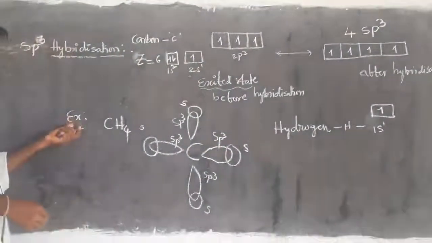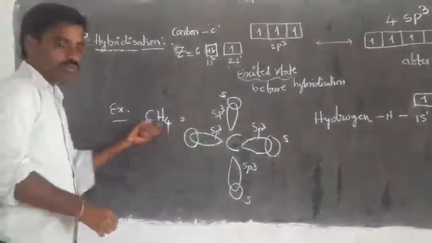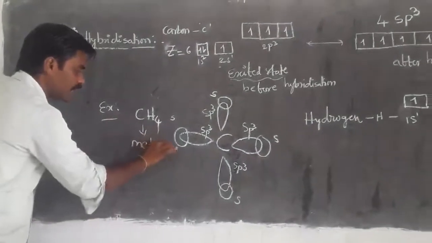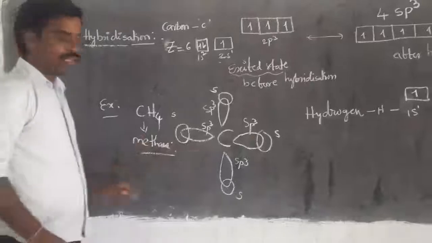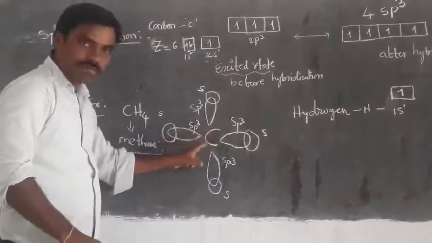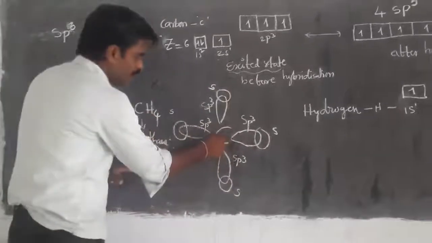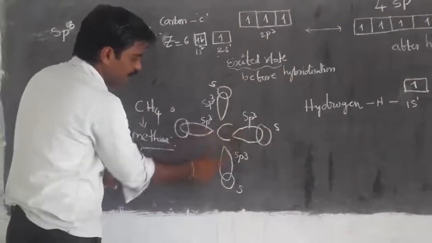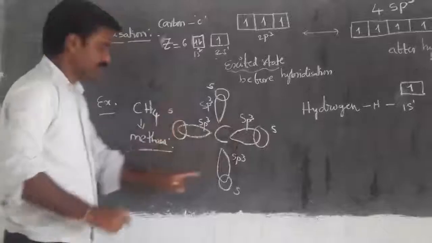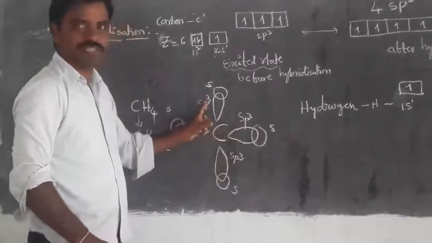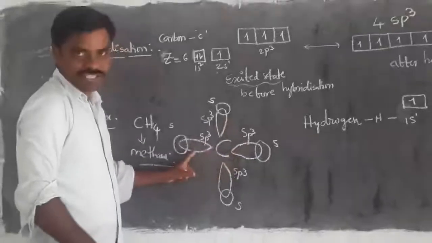Then the example is CH4. The name of the molecule is methane. In that, this is the central carbon atom, attached with hydrogens. See, carbon has orbitals of the same shape and energy. Here I wrote sp3, sp3, sp3, sp3, meaning all are the same energy orbitals.